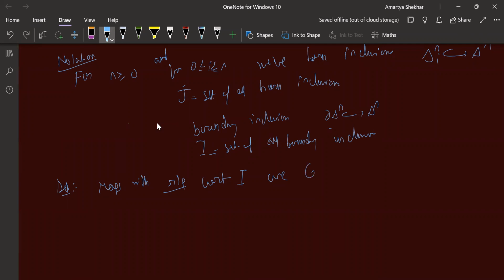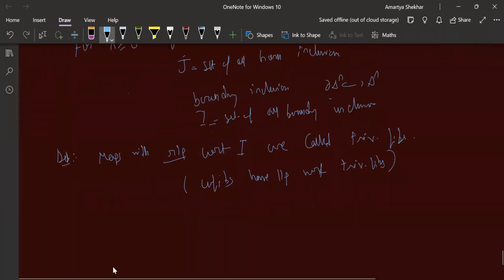And it's easy to see that cofibrations are the maps having the left lifting property with respect to trivial fibrations.